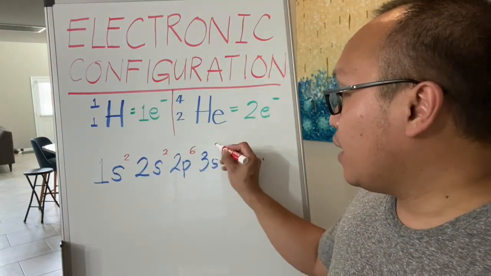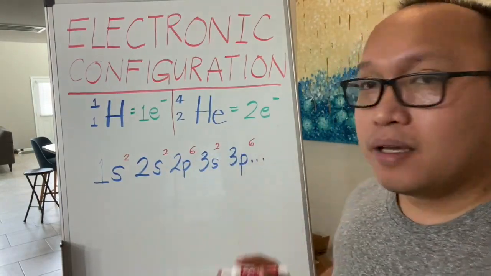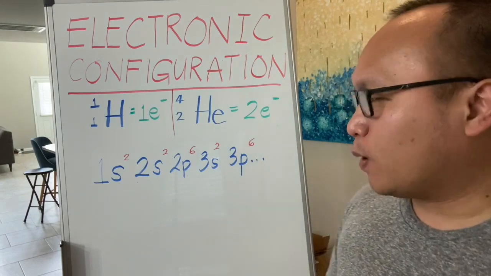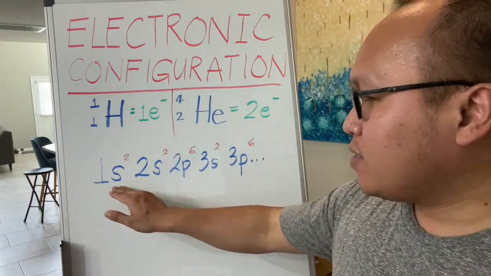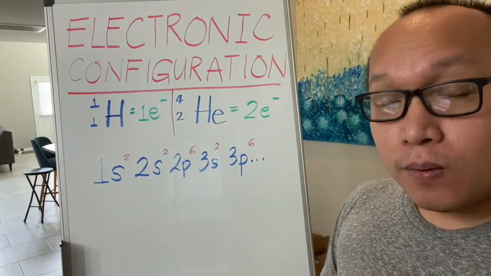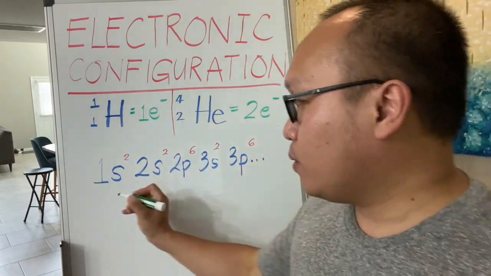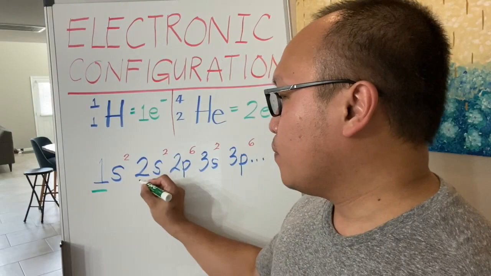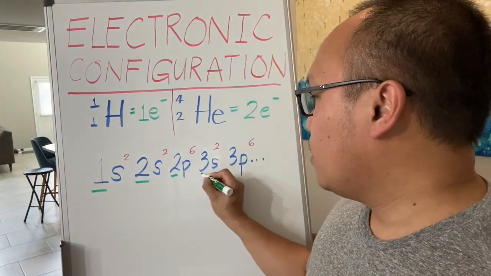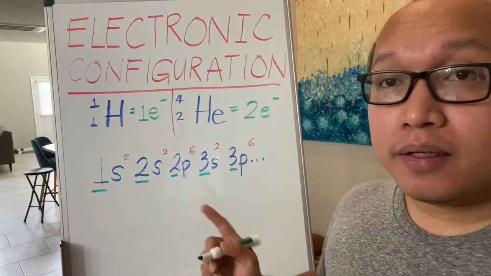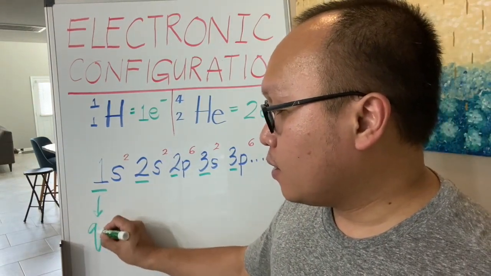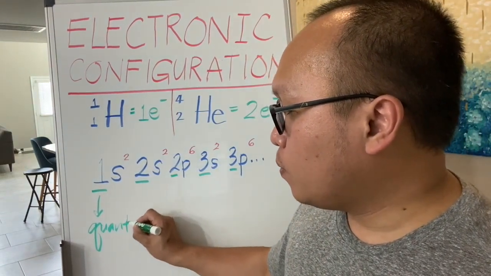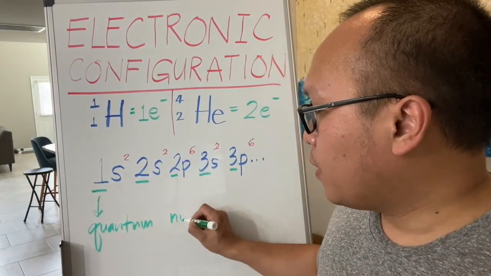Sa s, 2 rin. Sa p, 6. Bakit ba ganyan yung pagkakasunod-sunod ng orbitals? So kung mapapansin po ninyo, ang kada s at p orbital dyan ay merong numerical coefficient. So dito, this is 1, 2, 2, 3, 3. So ano ba yung number na yan? Yung number po na yan, ang tinatawag natin na quantum number.